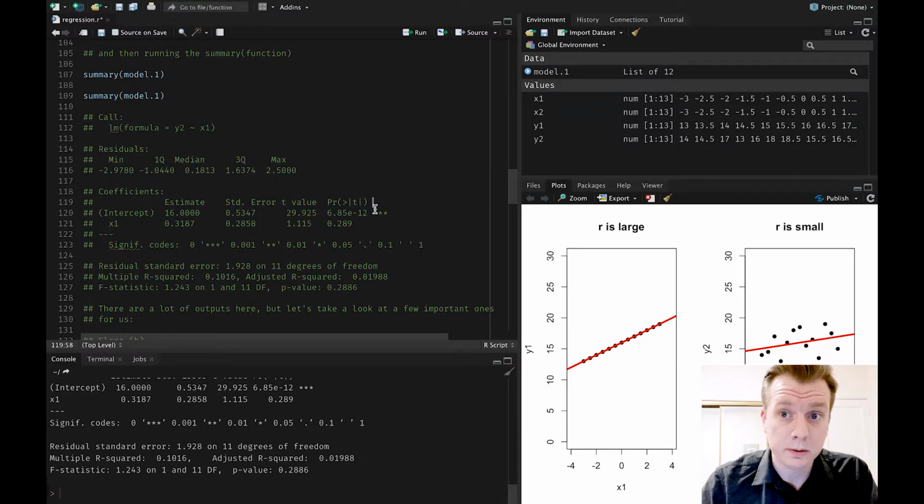We have two rows here. The first row is the intercept. This is y when x equals 0. The intercept is 16. The t-value is 29.925, and we have this extremely small p-value. The intercept is typically not that interesting except for this estimate here. Basically what this p-value is telling us is that our intercept is significantly different from 0.